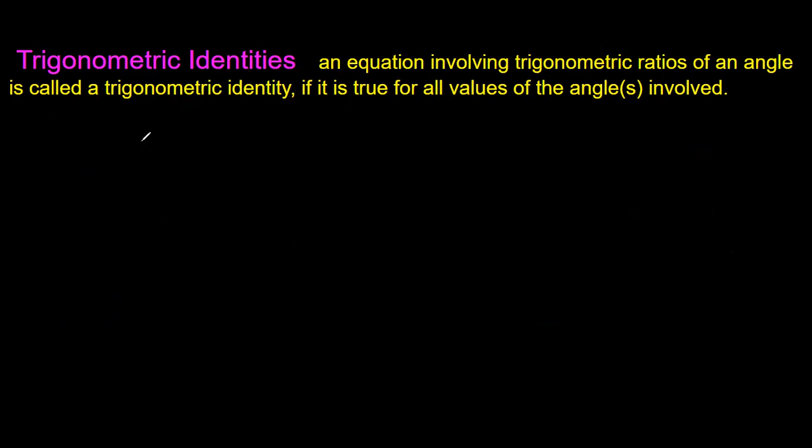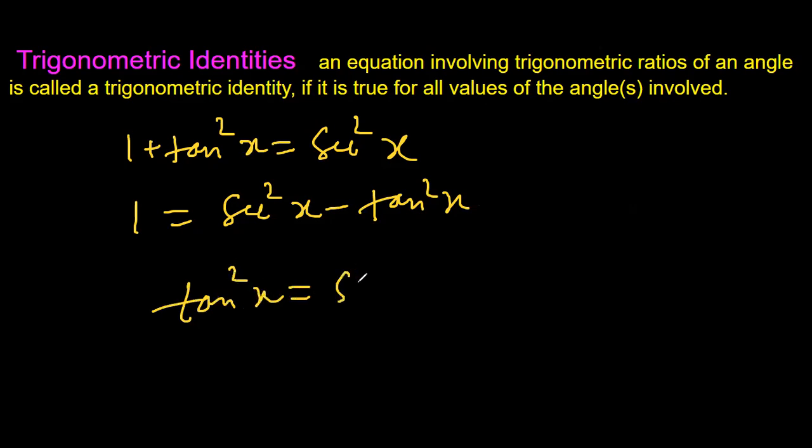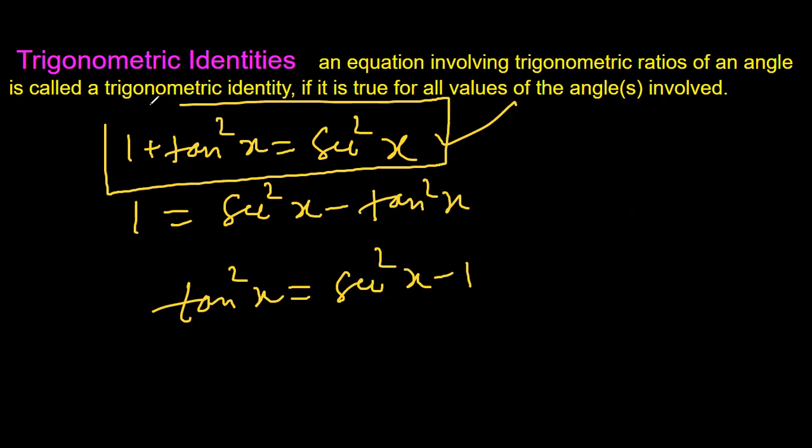Like if we have the identity 1 plus tan square x is equal to sec square x, where x is the angle in place of theta, then we can write 1 is equal to sec square x minus tan square x, right? Or we can transpose this 1 to the right, or we can say tan square x is the same as sec square x minus 1. So the same equation can be written in three different ways.